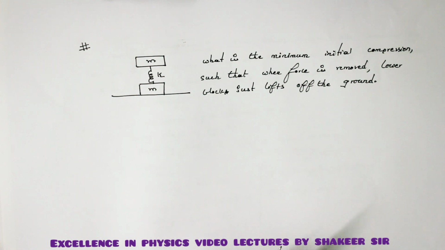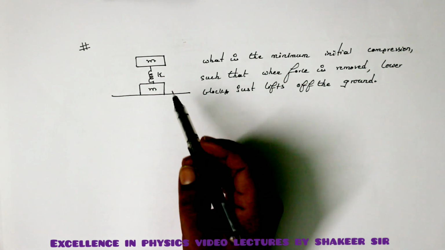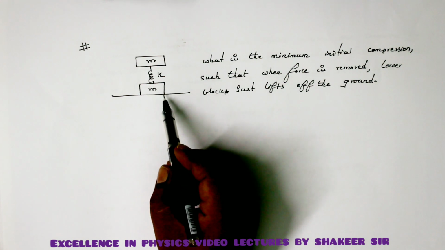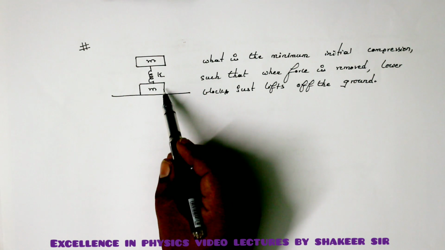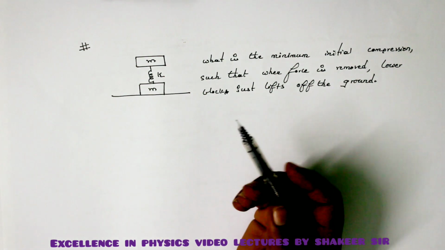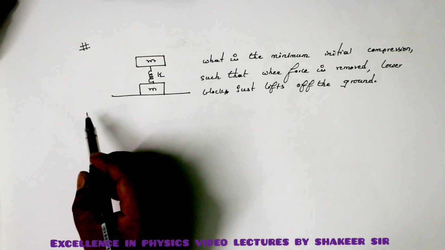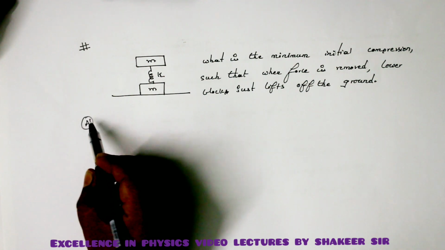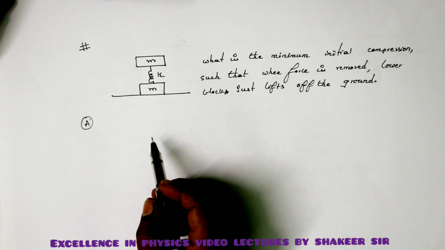Then the elongation produced in the spring will produce a restoring force, and that restoring force should be able to just lift this mass upwards. That is, the normal reaction between the lower mass and the ground should be equal to 0. Then what is the minimum compression we have to give? That is the question. So let us see how we can understand this question.